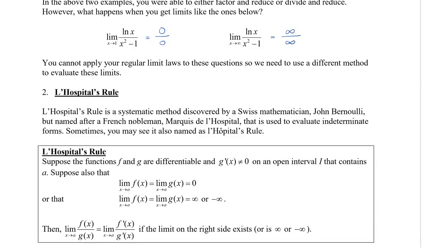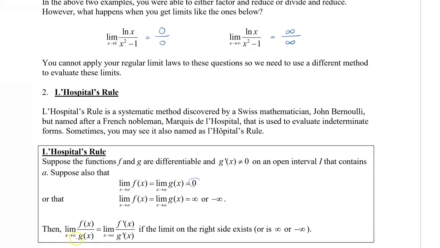Suppose that we have the functions f and g, and they're differentiable. g prime of x can't equal 0 on an open interval I that contains the number a. Suppose also that the limit of f of x is equal to the limit of g of x as x approaches a, and that is equal to 0. Or we have the limit of f of x equals the limit of g of x, but this time, as x approaches a, it equals infinity or negative infinity.